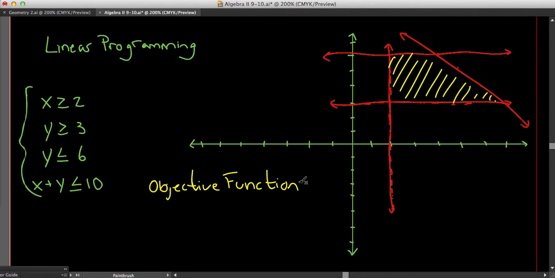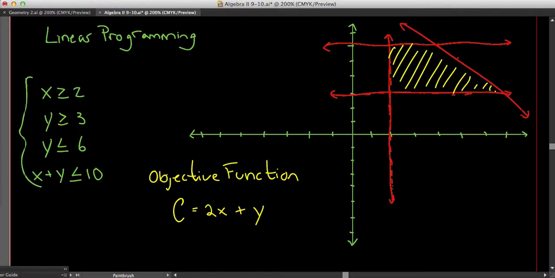So let's say that our objective function here is c equals 2x plus y. For different values of c, we're going to have different objective functions that are all parallel to each other, but with different y-intercepts.